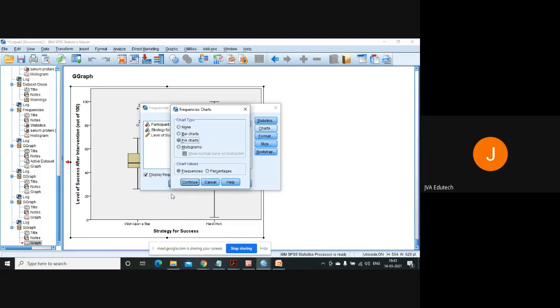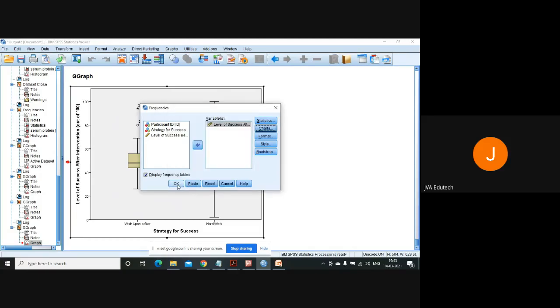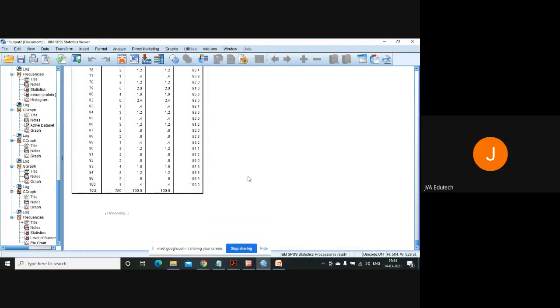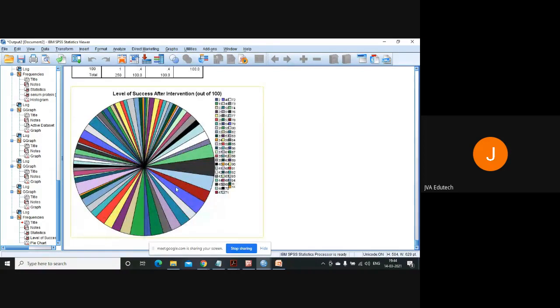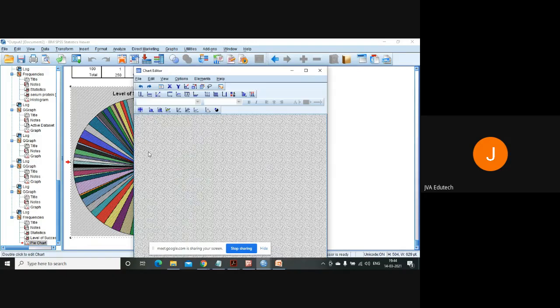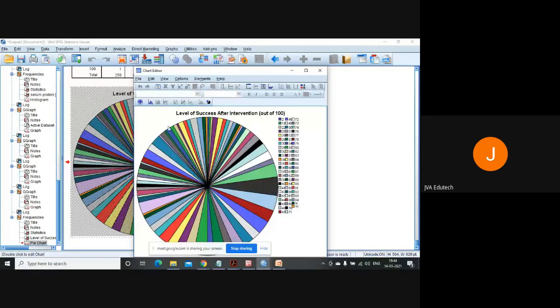So let's draw a pie chart over here. Now we got a pie chart, but actually this data is not labeled. Here you have to see different values to know what the colors mean. So you simply double click on it and you have this pie chart. Simply click on the data label mode and keep clicking.